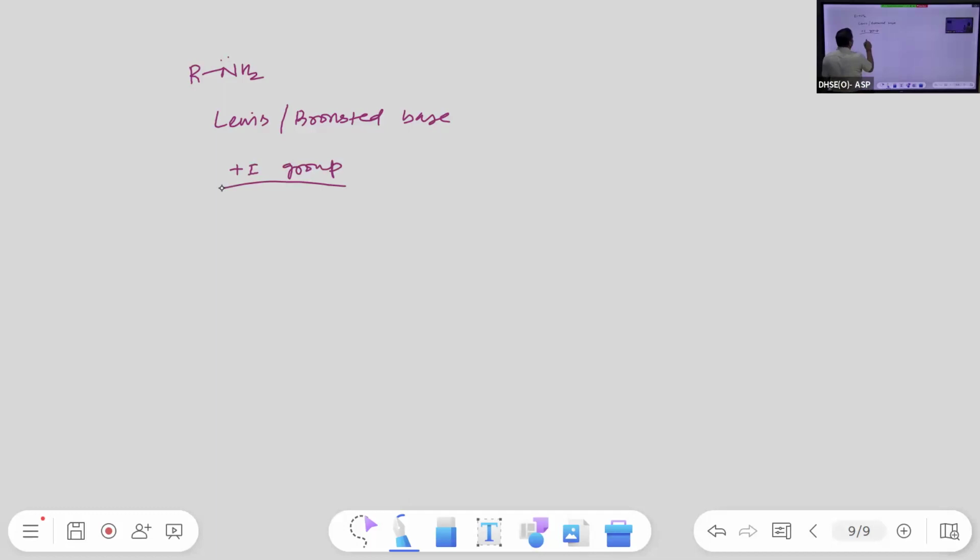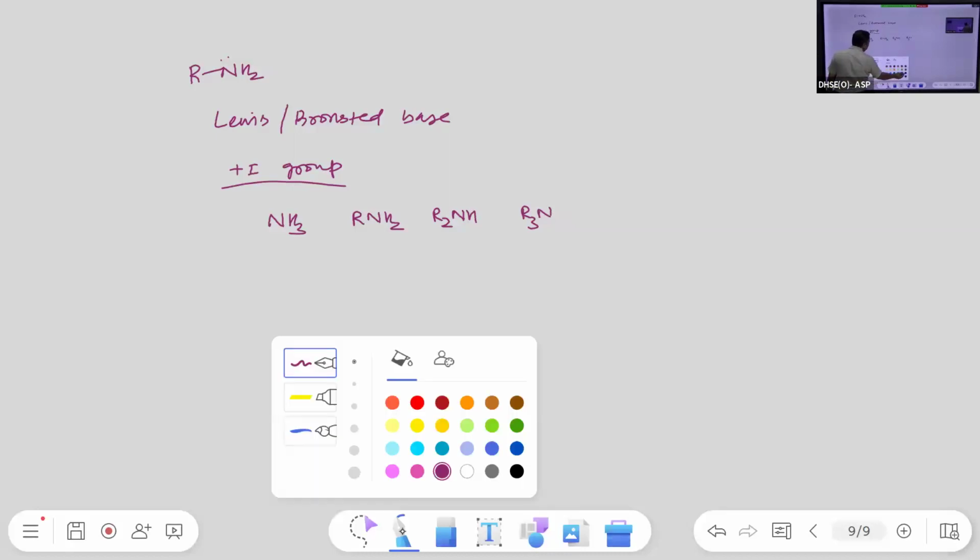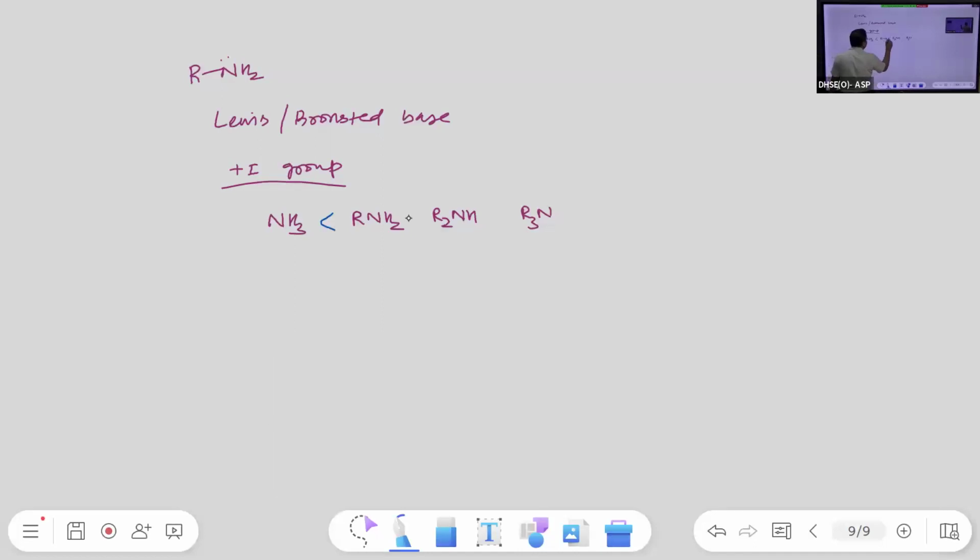So if we take ammonia, primary amine, secondary amine, and tertiary amine, what will be the order of basic strength of these? This is the order of basic strength: tertiary greater than secondary, greater than primary, greater than ammonia.